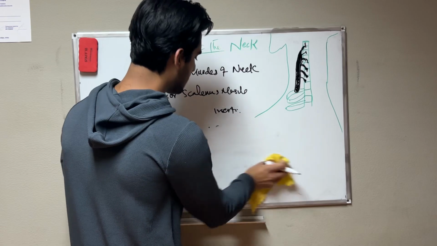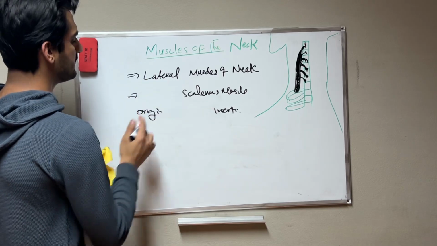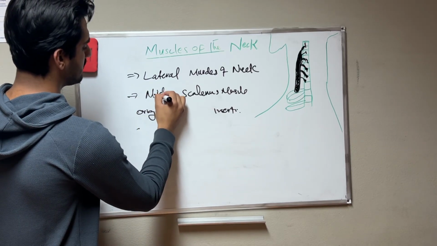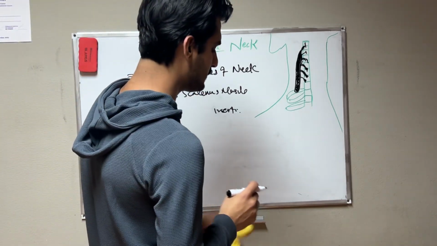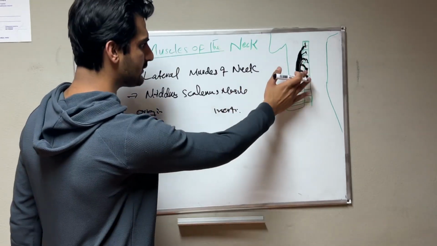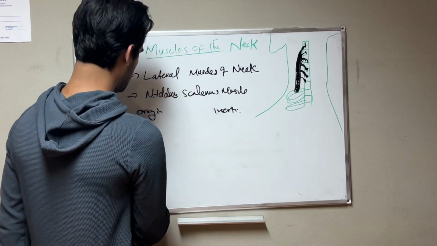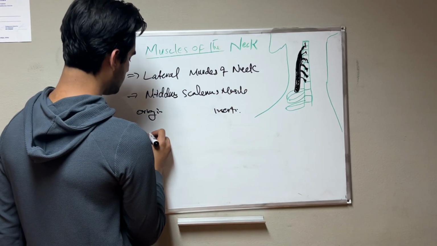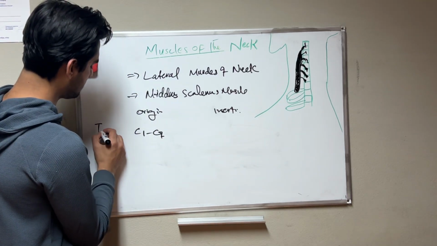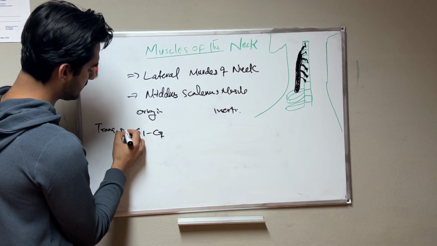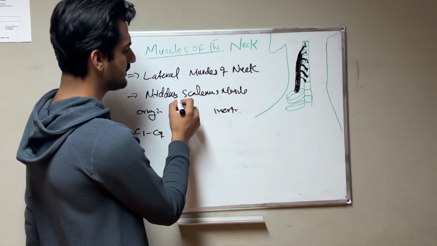Now the second muscle, the medius scalenus muscle. For its origin and insertion, because this is a lateral view, the anterior one is in front of this muscle. Then we have the transverse processes of C1 to C7 cervical vertebrae. This is the origin of the medius scalenus muscle.